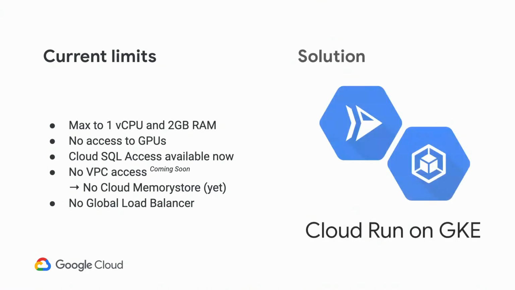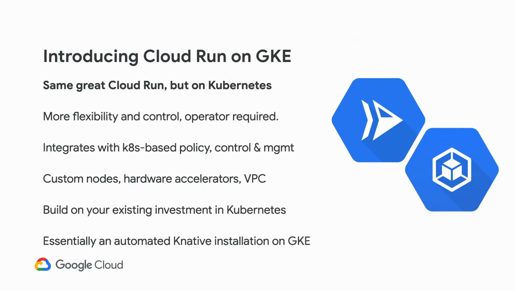If you want some more features, the solution is Cloud Run on GKE. So what is Cloud Run on GKE? It's exactly the same Cloud Run that I've been rambling about for the last I don't know how long, but it runs on top of Kubernetes, right? You get more control. You do need someone to manage it because you are managing a Kubernetes cluster.